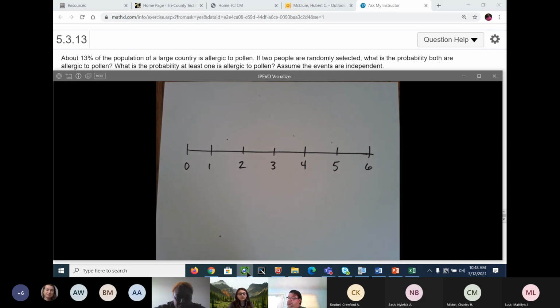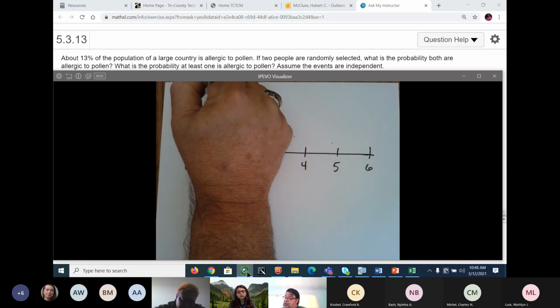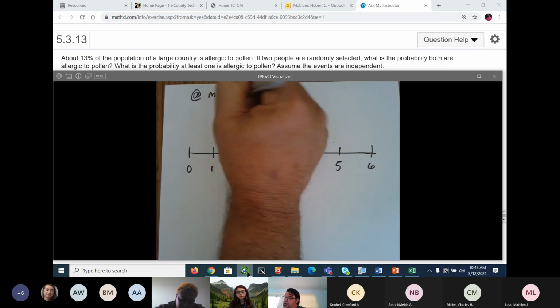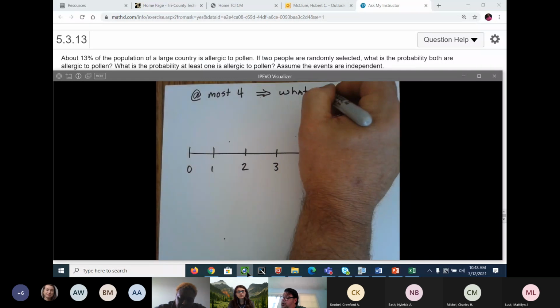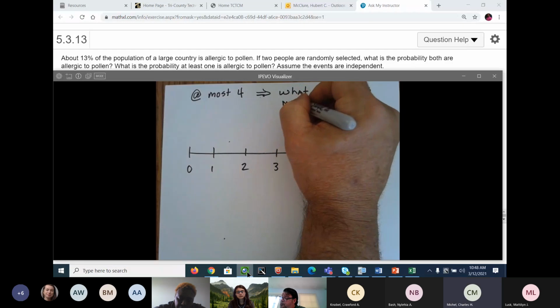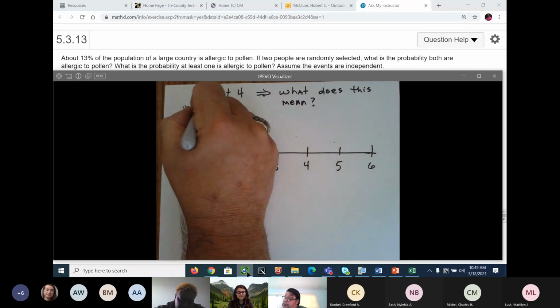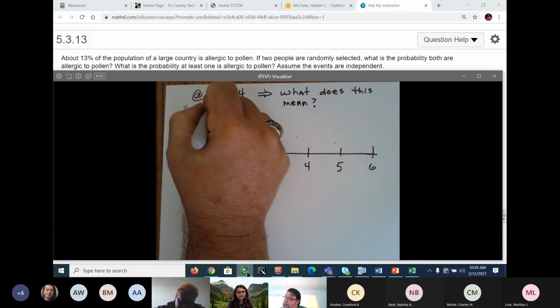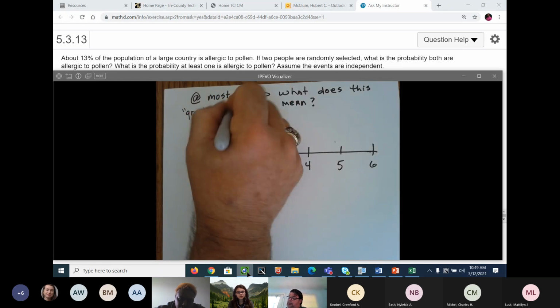And I'd ask you to tell me, what does at most 4 actually mean? Would it mean like less than or equal to 4? Well, you're getting there. It means that the greatest number is 4.